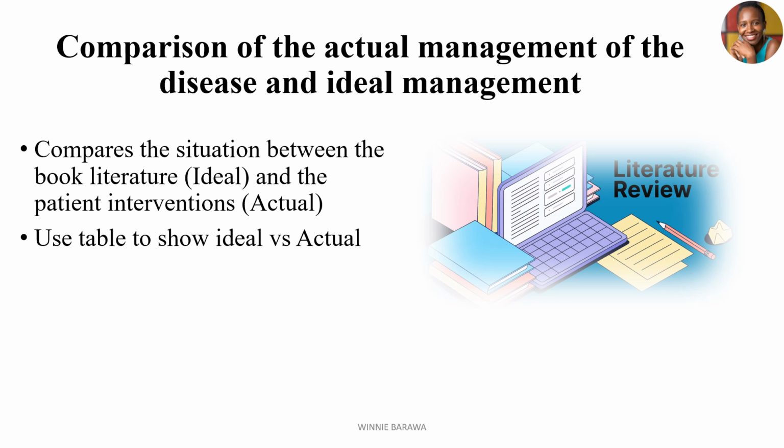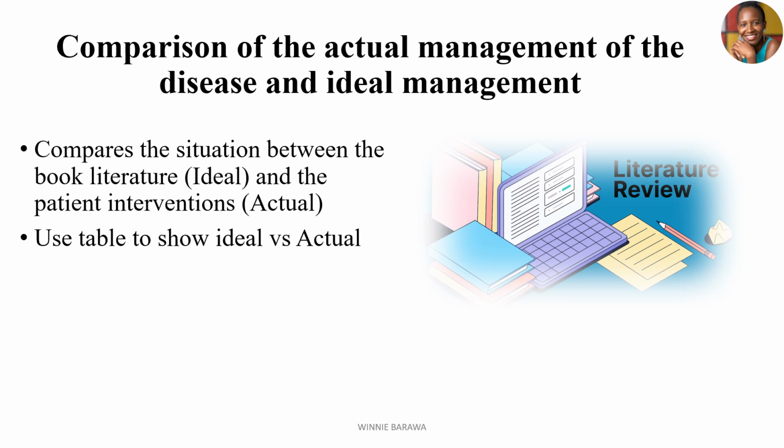And then we are going to compare with the actual management, which are the patient interventions. So in this segment, we are required to compare the ideal from the books and the actual that was done on our client. So an easy way to handle this is to use a table which shows the ideal versus the actual management, and then you'll be comparing and providing all these differences.